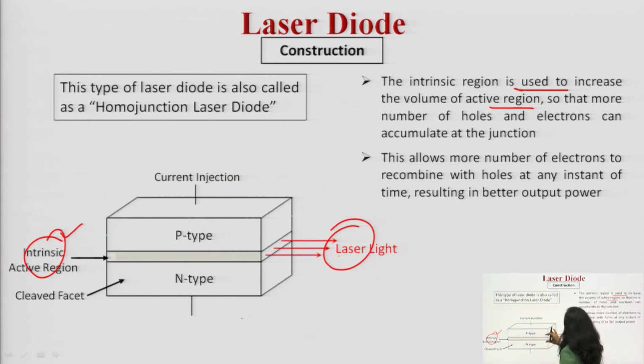In this active region the number of electrons and holes will be accumulated at the junction, and because of this it will allow more electrons and holes to recombine at any instant of time, and it is going to give you better output. This type of laser diode is known as a homojunction laser diode as well.